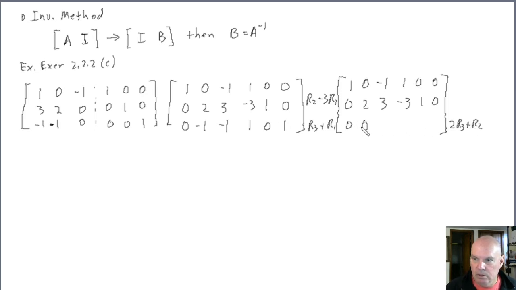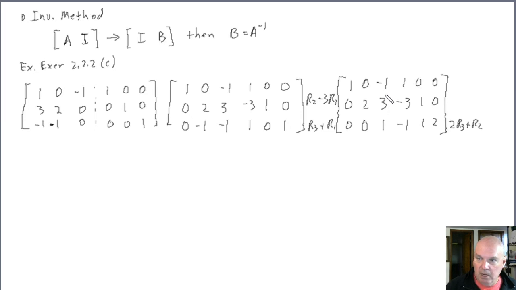So 0, 0, 2 times minus 1 gives me minus 2, then 2 plus minus 3 is minus 1, and then 0 plus 1 is 1, and then this would be 2. So 0, 0, 1, minus 1, 1, 2. I'm comparing with my notes that I worked out previously, so that looks right.